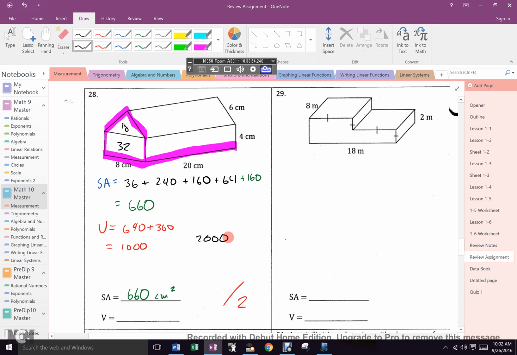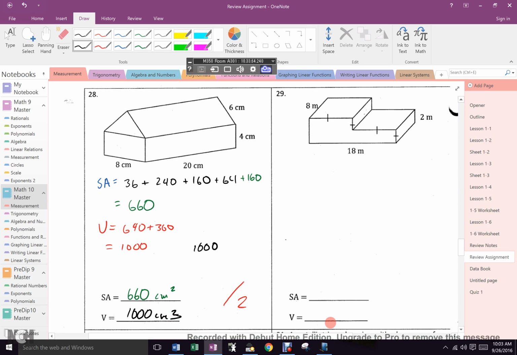Everybody okay with that? I don't care which way you do it. Any questions about that one? No, not centimeters squared, centimeters cubed.